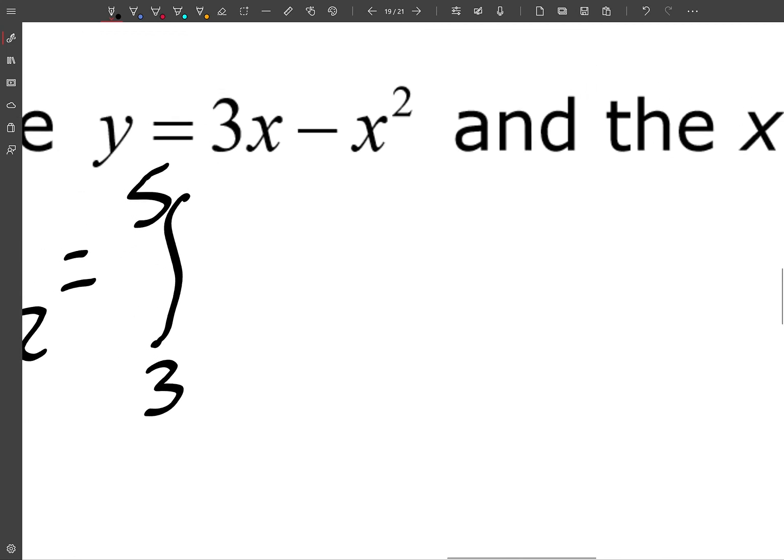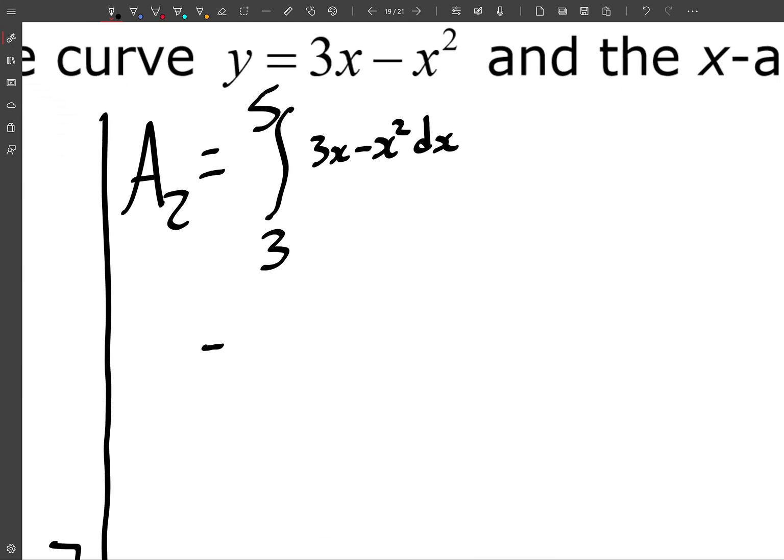So the integral from 3 to 5 of 3x minus x squared dx, well, most of the work we've kind of already done, so that's nice. So it's going to be our 3/2 x squared minus our 1/3 x cubed from 3 to 5.